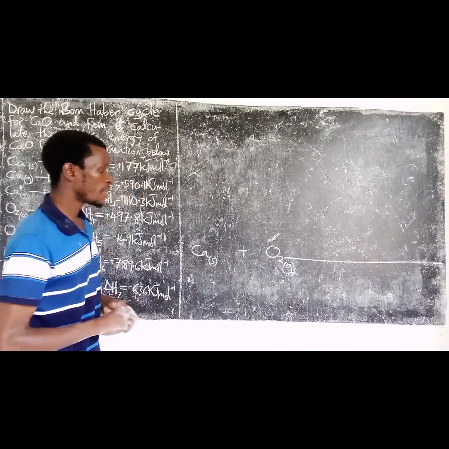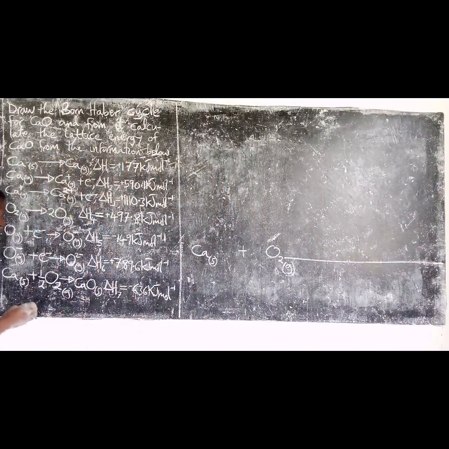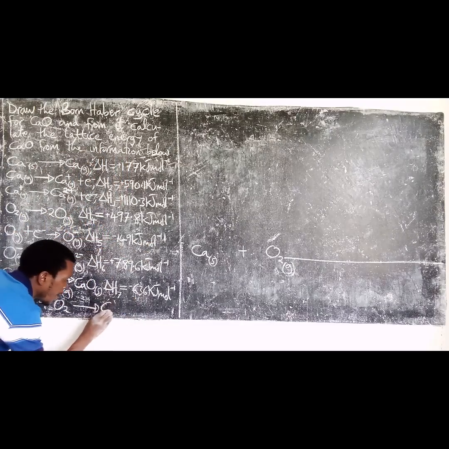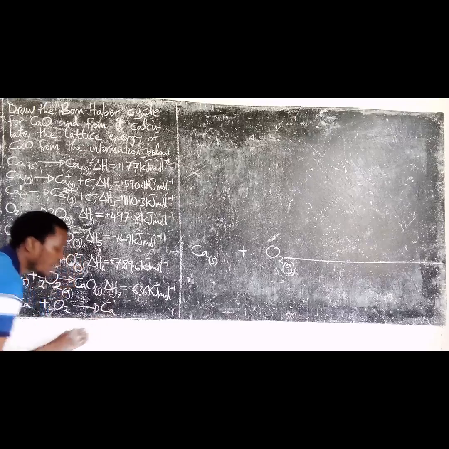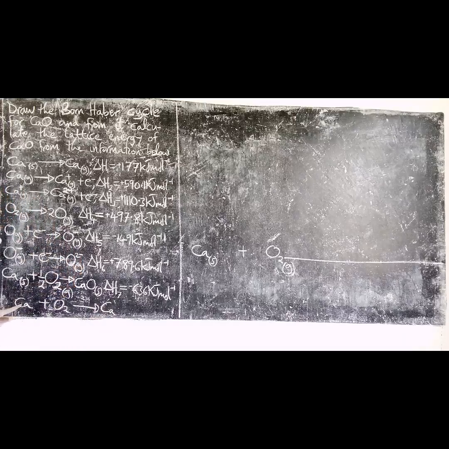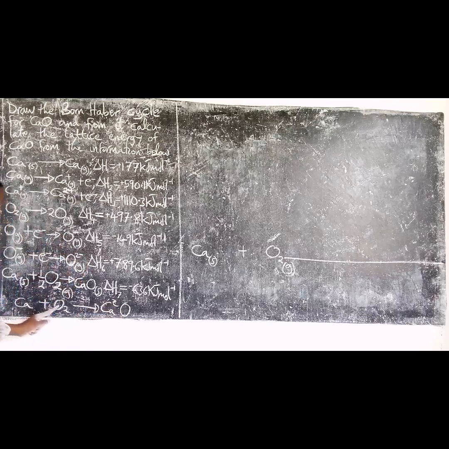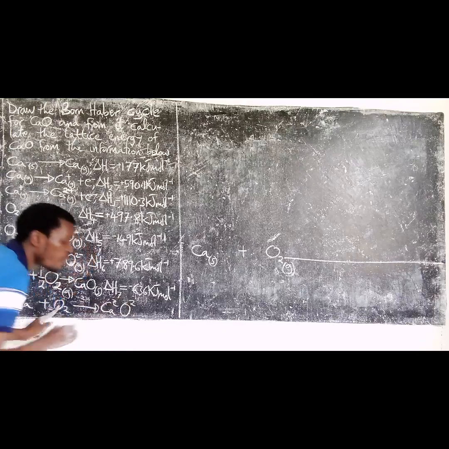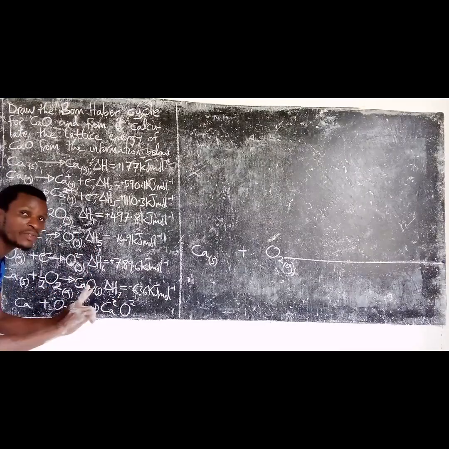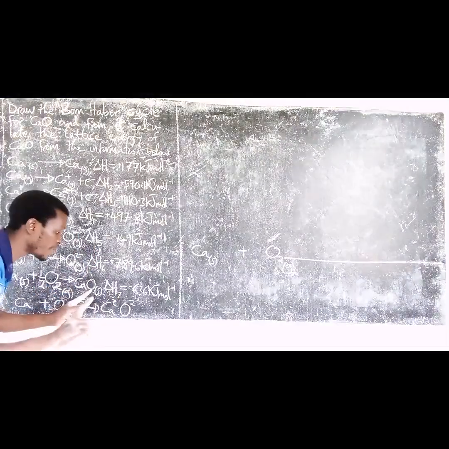Then you have to go to rough paper and write the reaction equation: calcium plus oxygen to form calcium oxide. But you have to remember that the valence of calcium is 2, while the valence of oxygen is 2. So when they are combining together, they tend to exchange their valences.